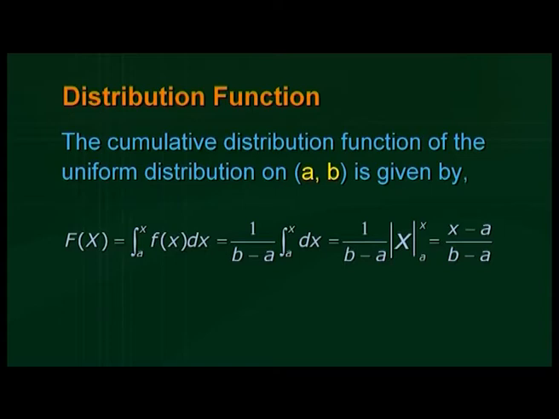This is equal to 1 divided by b minus a into integral from a to x dx, which is equal to 1 divided by b minus a into x ranges from a to x. This is equal to x minus a divided by b minus a.